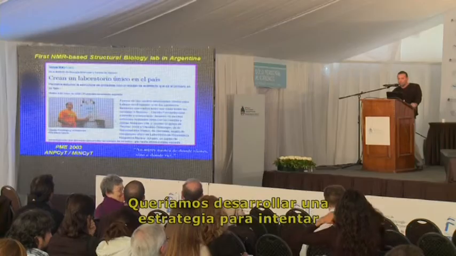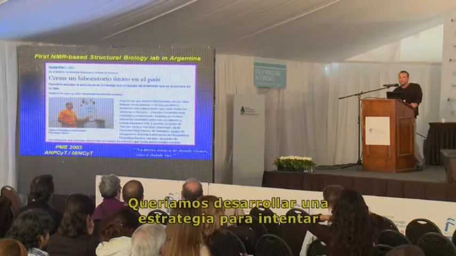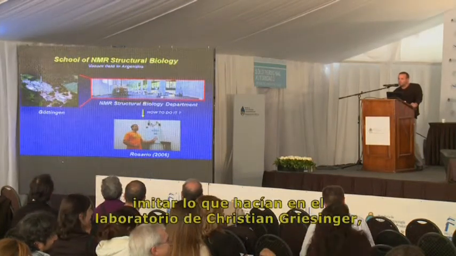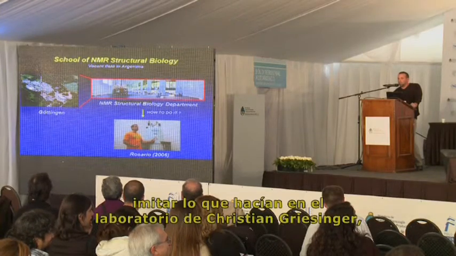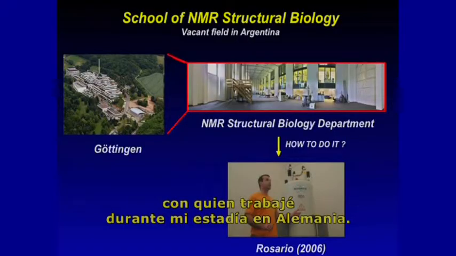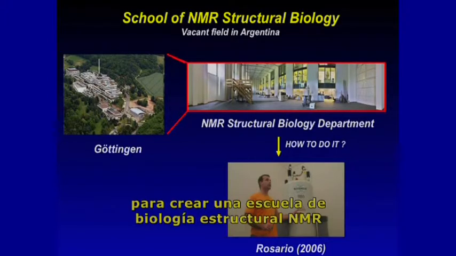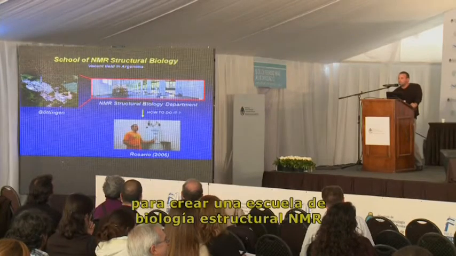So we needed to design a strategy to try to imitate what happened in the NMR-based structure department headed by Christian Griesinger, which I had the luck to enjoy during my stay in Germany. So we started to design a strategy to create a school of NMR structural biology in Argentina.